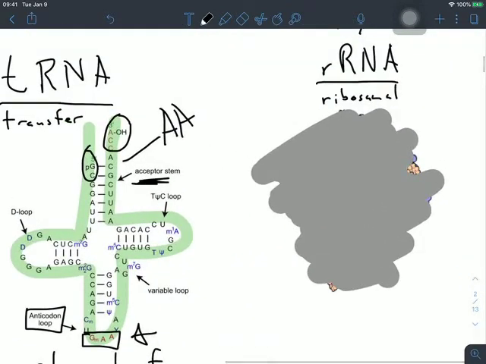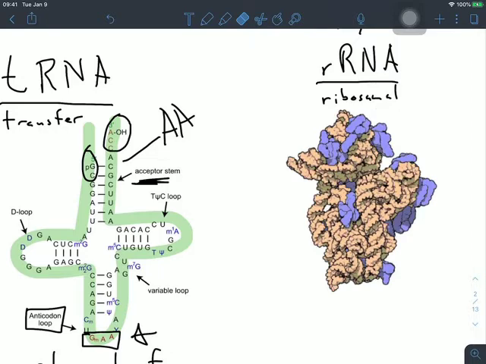So, what are our ribosomes? Well, in large part, they're structured by ribosomal RNA, which is our major structural component of ribosomes.